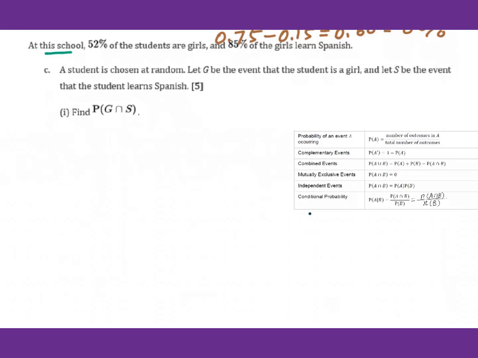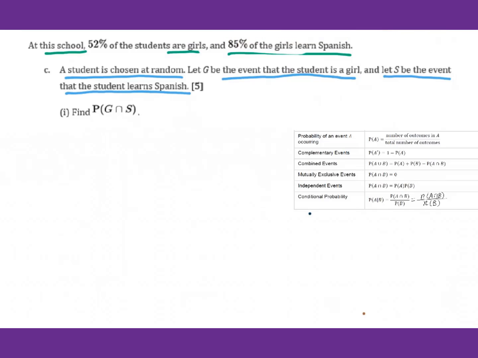At this school, 52% of students are girls. 85% of the girls learn Spanish. A student is chosen at random. Let J be the event that the student is a girl, and let S be the event that the student learns Spanish. Find the probability girls and Spanish.